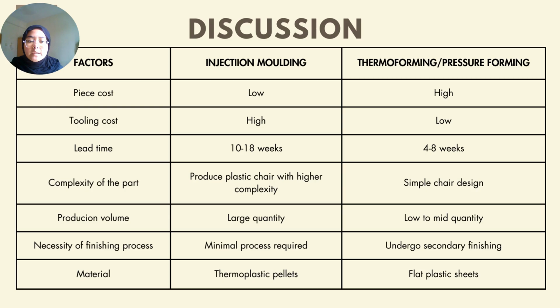Moreover, only a minimal finishing process is required for injection molding, but for thermoforming, there will be a secondary finishing process to remove unwanted parts, and as a result, a large amount of plastic waste is generated by thermoforming processes.